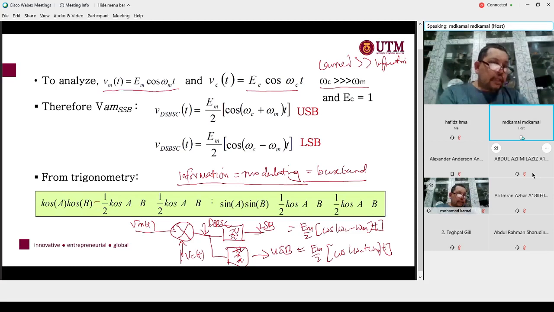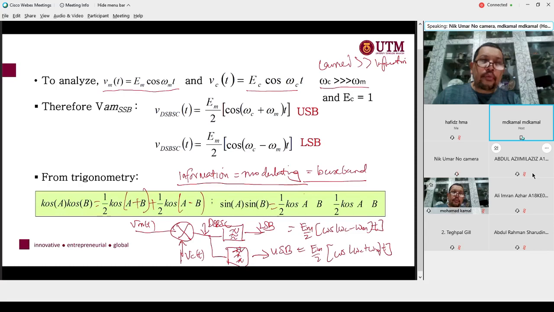This is just to show you cos A cos B is actually cos A plus B plus cos A minus B. What is sin A sin B here? Anybody know? Can you give me the answer? For cos A cos B, I usually put it there. What happens if I have sin A sin B?